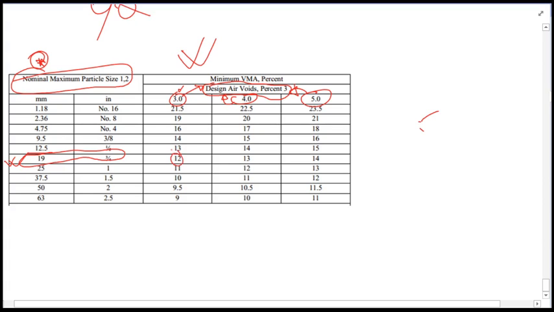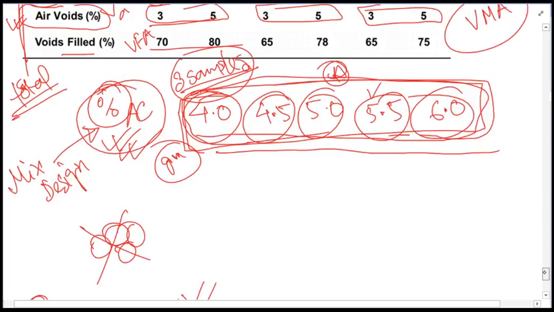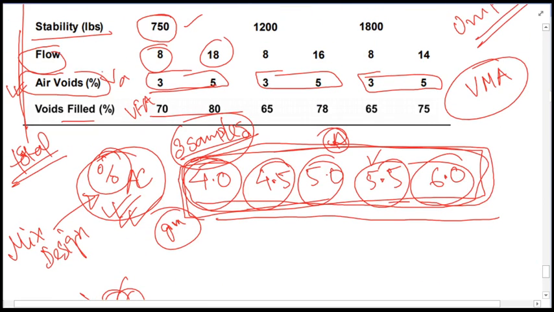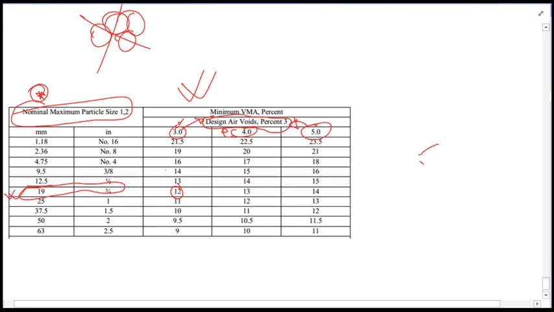So if you satisfy these two, this VMA will be automatically satisfied as well. From this chart you can determine the VMA.